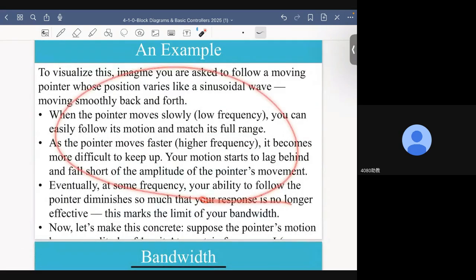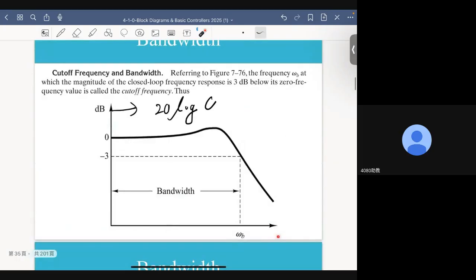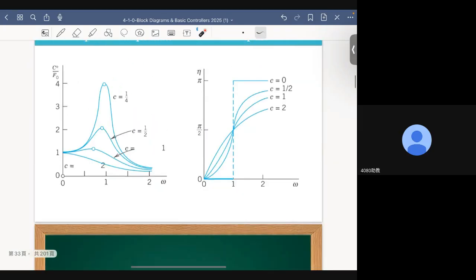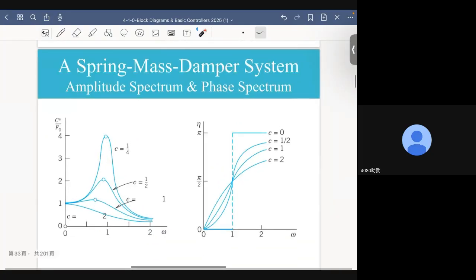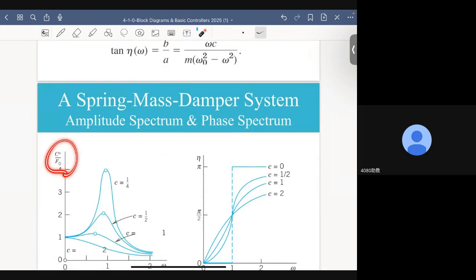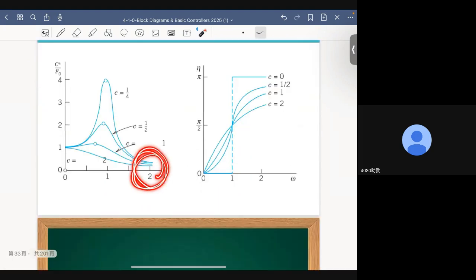This is an illustration with a real example to tell you why that is not the case. Eventually, at some frequency, your ability to follow the pointer diminishes so much that your response is no longer effective. That means the ratio of C to F0 becomes very, very small.